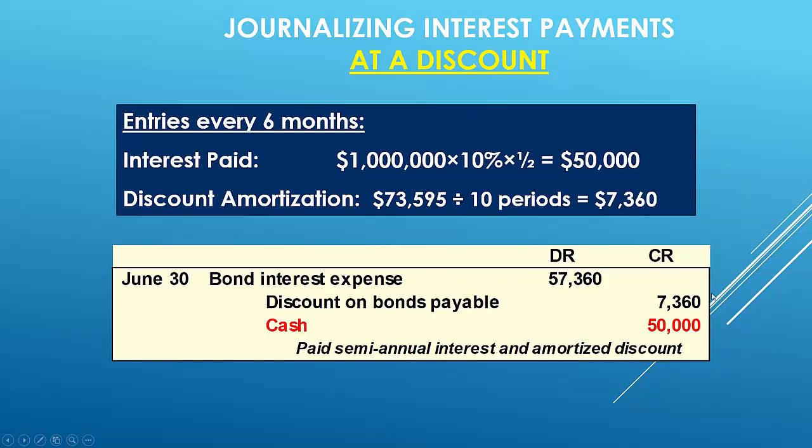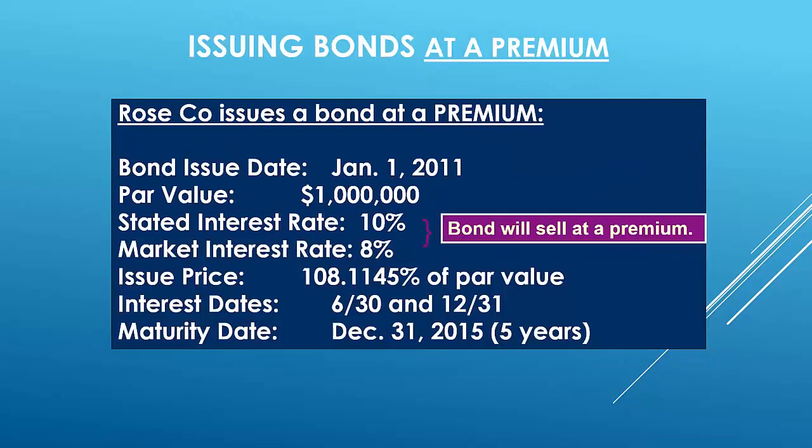So now I'm going to amortize some of that bond payable based on the full discount amount divided by how many periods I have to amortize that. That's how I got this number over here. And the $57,360 is the total amount of interest expense I've got.